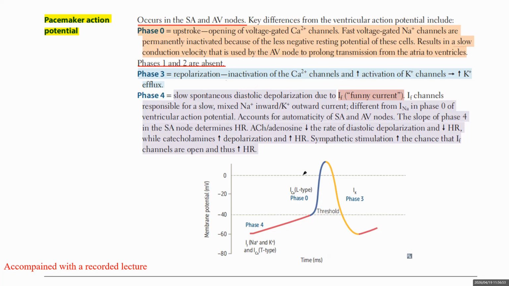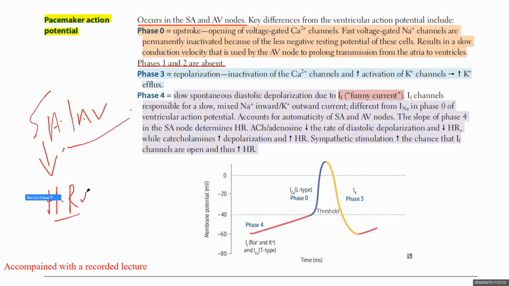So where does the pacemaker action potential occur? In the SA node and also in the AV node. This is important because the SA node determines the heart rate. The AV node also has pacemaker ability, but its rate is slower because the SA node depolarizes more quickly, so it usually controls the rhythm of the heart.